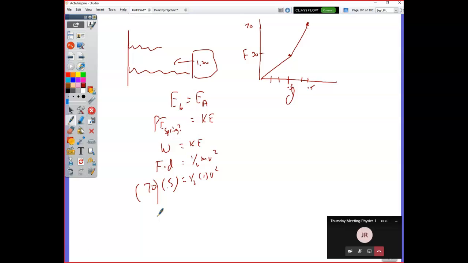But this is an algebra-based class, and so we're allowed to access it if it looks like this. The reason why it's a calculus problem is because the force is always changing the whole entire time. He's going to be pulling with different forces, so you can't say what force he pulls with. And you can't do force times distance if it's always changing, right? You'd have to do every millimeter, or every tenth of a millimeter. You couldn't do it.